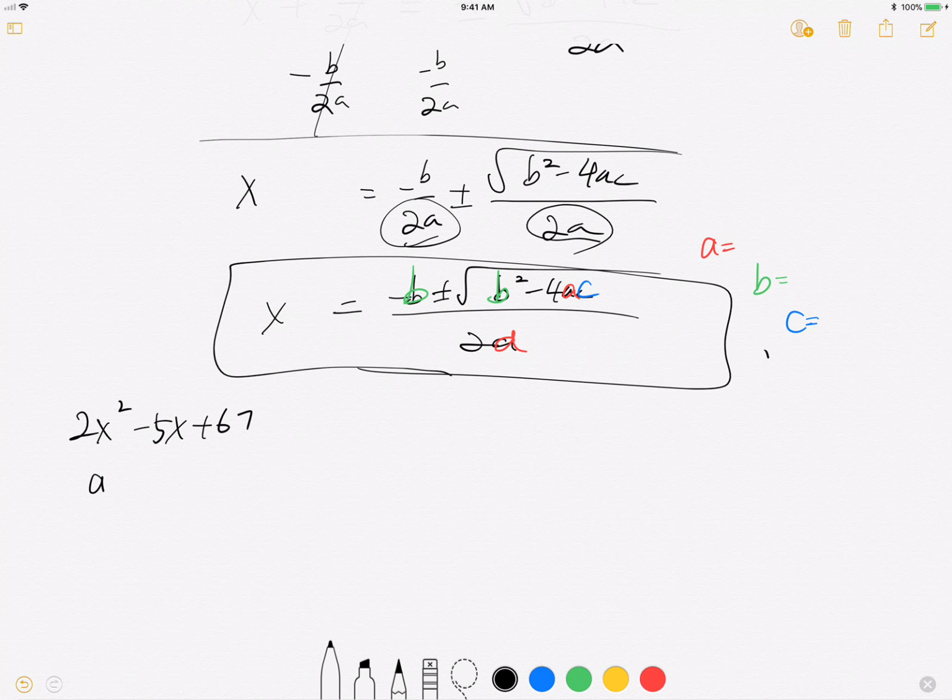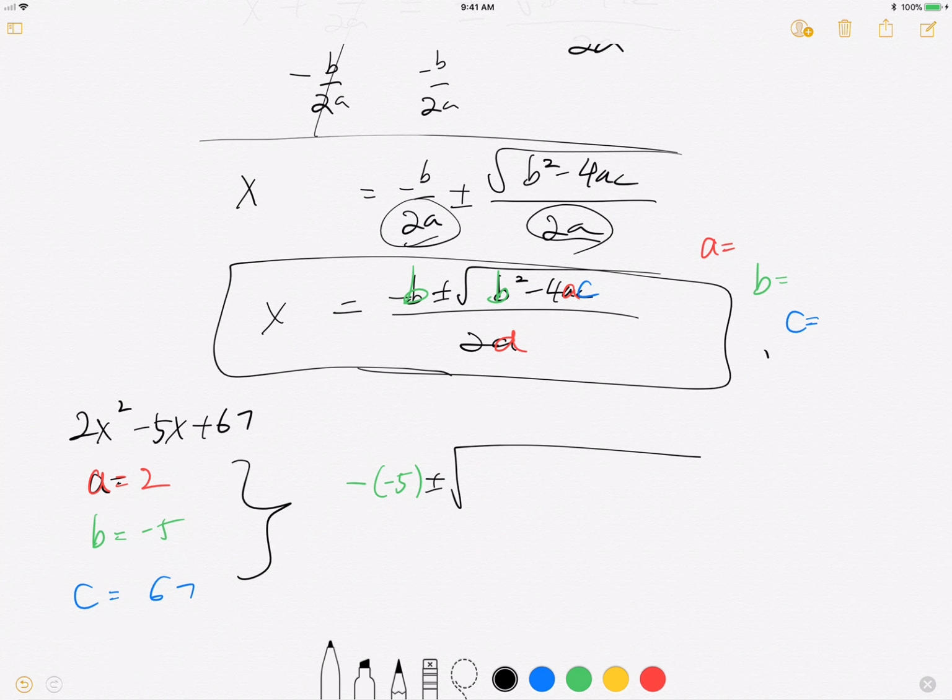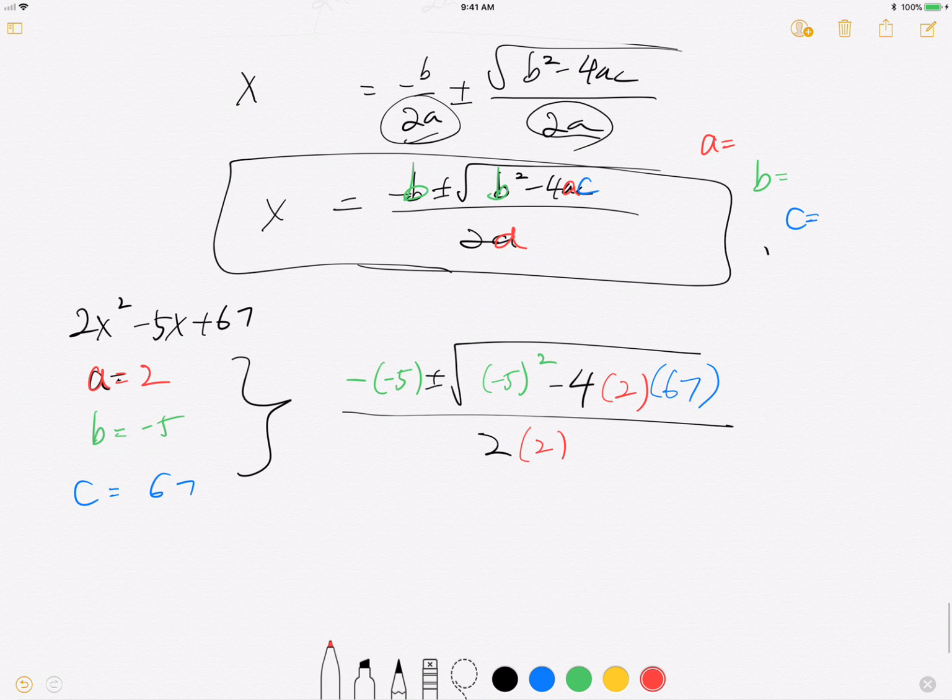In this case, my a value, I'm going to write it in red, a value will be 2, b value will be negative 5, c value will be 67. So I'm going to take these and plug them into my quadratic formula. Negative negative 5 plus and minus the square root of negative 5 squared minus 4 times 2 times 67 all over 2 times 2.